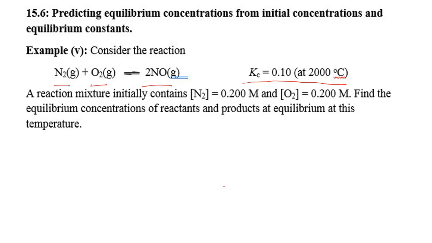This reaction mixture initially contained 0.2 molar of nitrogen and 0.2 molar of oxygen. So that is before the reaction, which means it did not contain any nitrogen monoxide at the beginning. Find the equilibrium concentrations of reactants and products at this temperature.